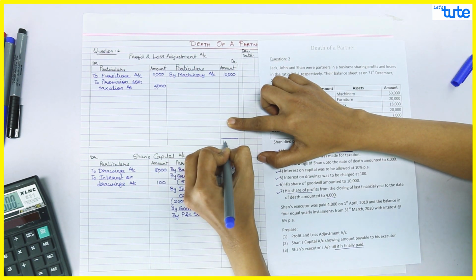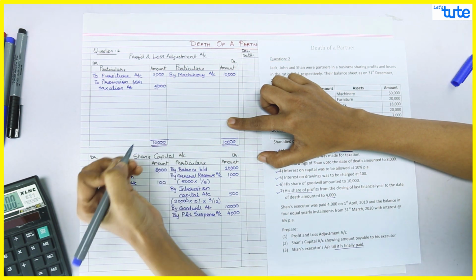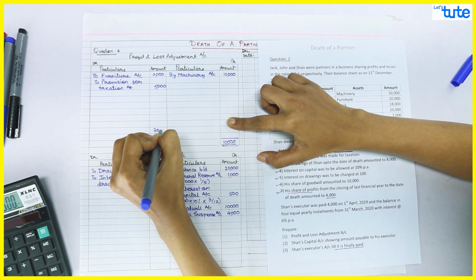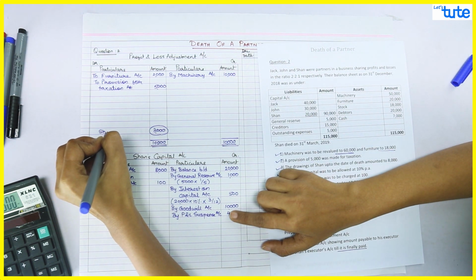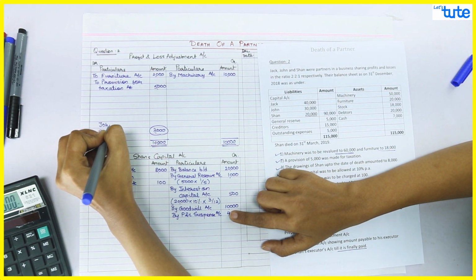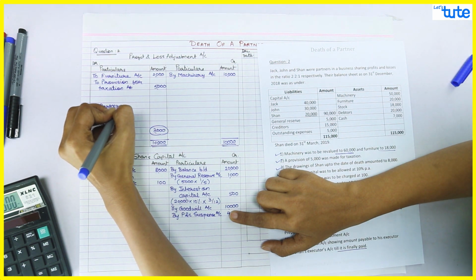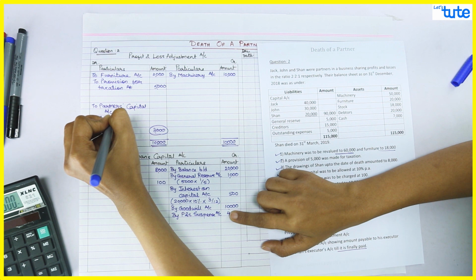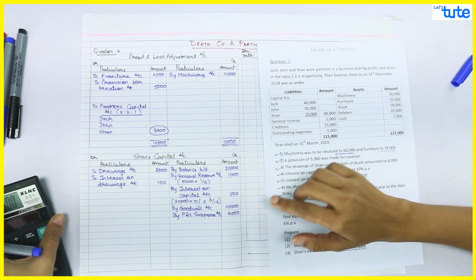So this is 10,000. We have a credit balance. 10,000 minus 7,000. So this is 3,000. So that is to be shared between Shan, John and Jack to partners' capital accounts in their profit sharing ratio. This is your profit on revaluation.